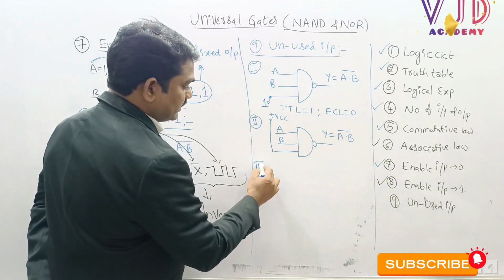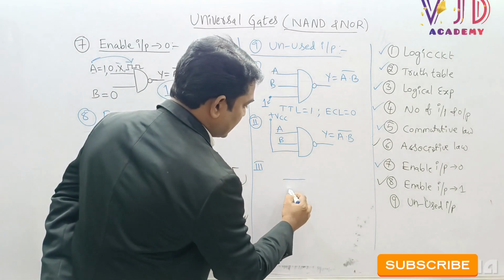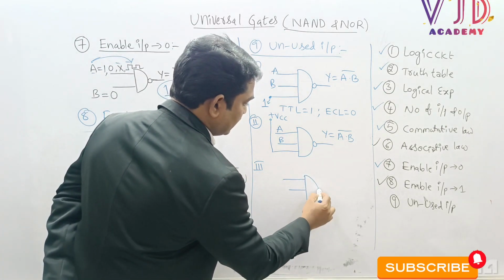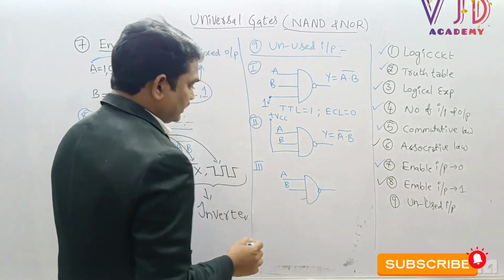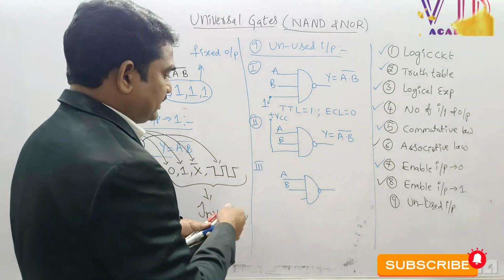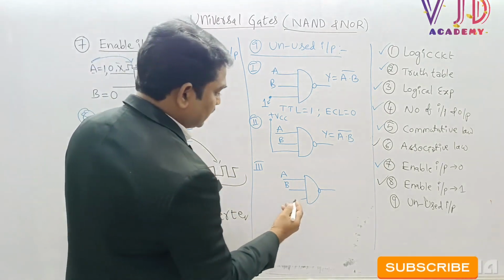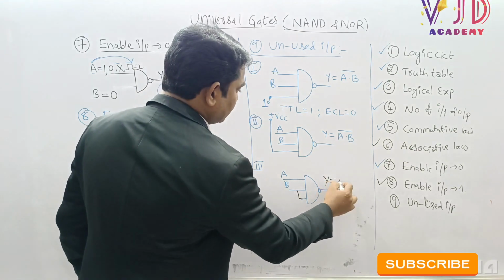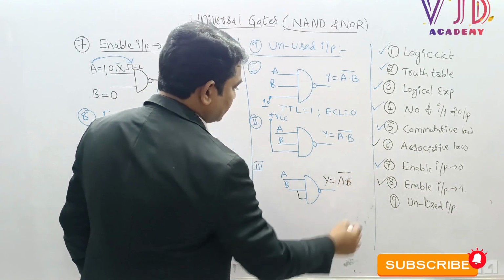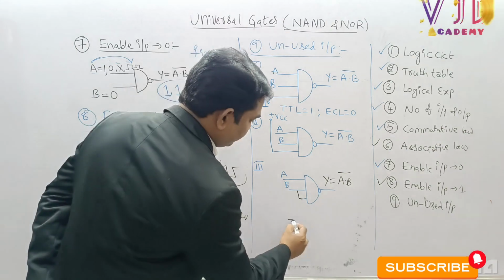And now the third case, this is the NAND gate with A and B as the inputs. If I connect the third input to one of the inputs, to B, then Y equal to A into B whole bar, the circuit can work.